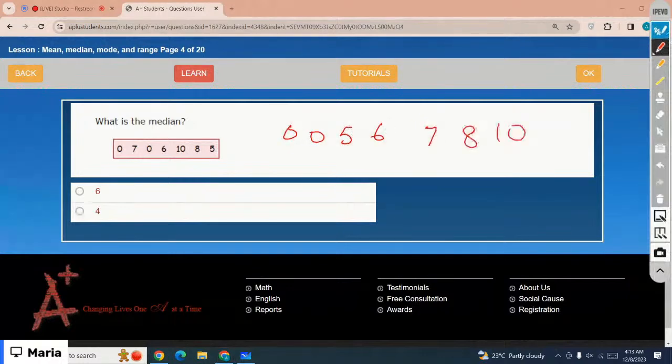So which is the median? Median means the exact middle value that divides the whole data into two equal groups. Very good, that is 6. So 6 is exactly the middle number that divides the data into two equal groups.